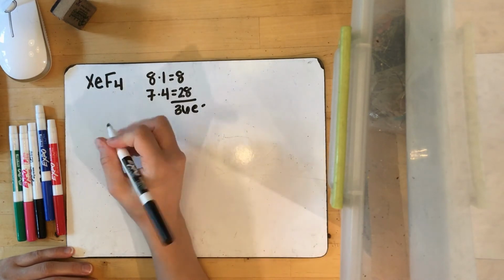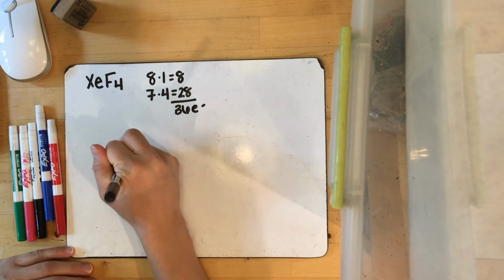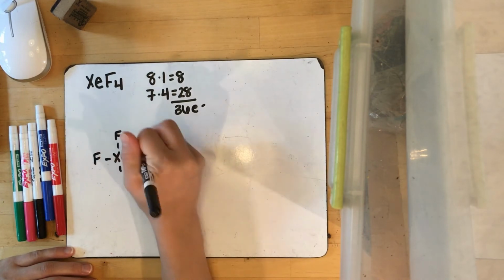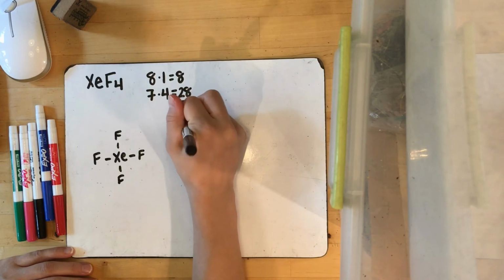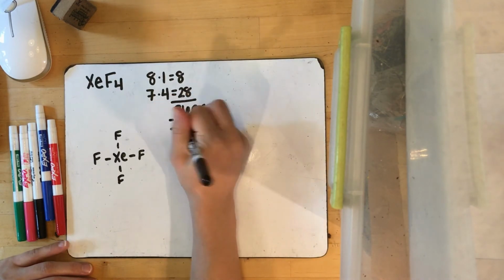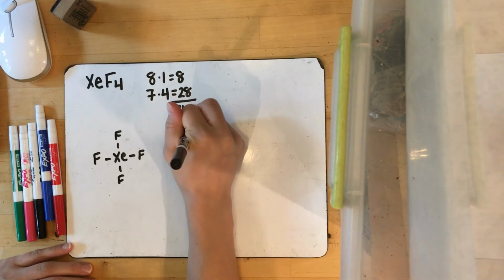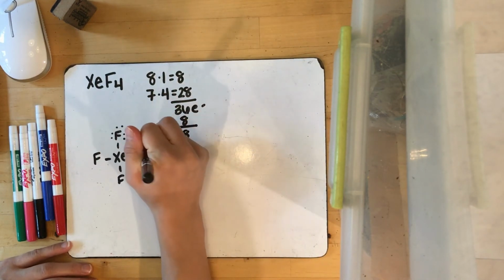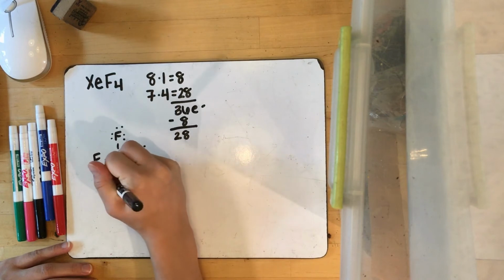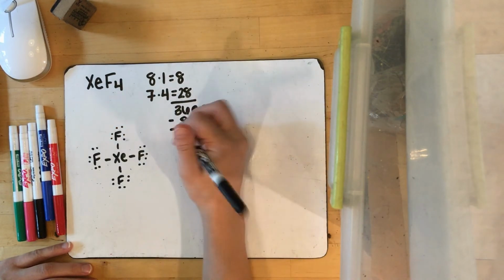I put my xenon in the middle because it's the only one of its type, connecting them with single bonds. And then I fill in the octets of my outer atoms.